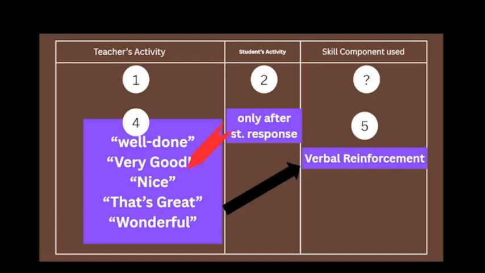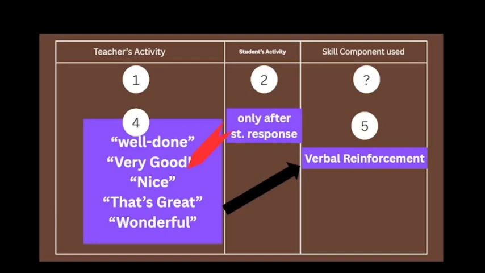So to say, the reinforcers in this example are well done, very good, nice, that's great, wonderful, etc. These ought to be spoken by the teacher after the response is given by the student.